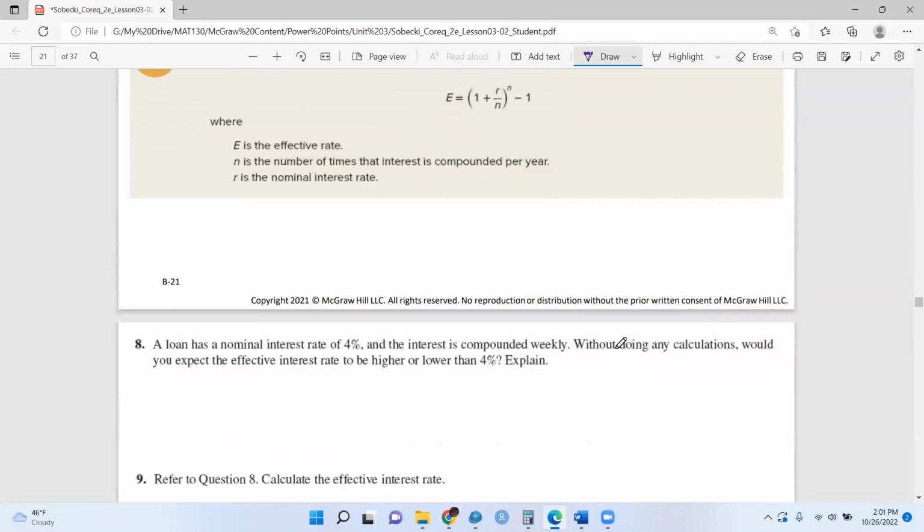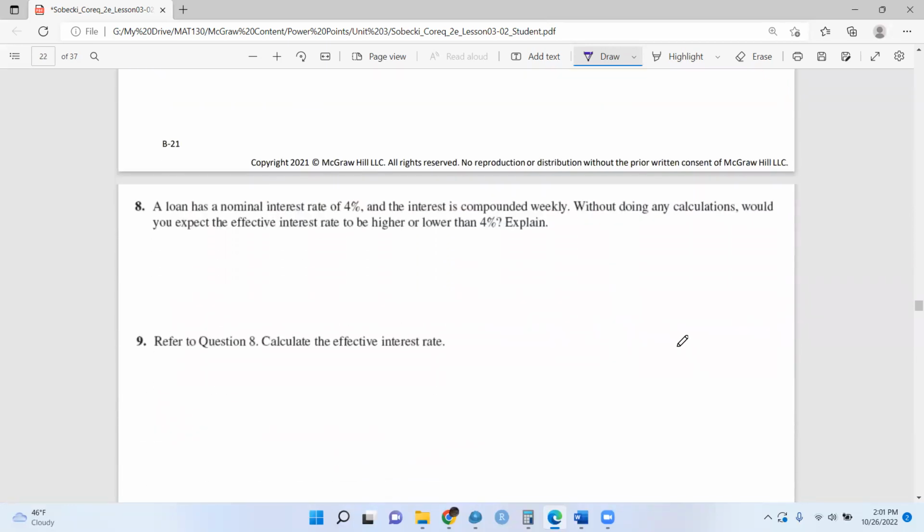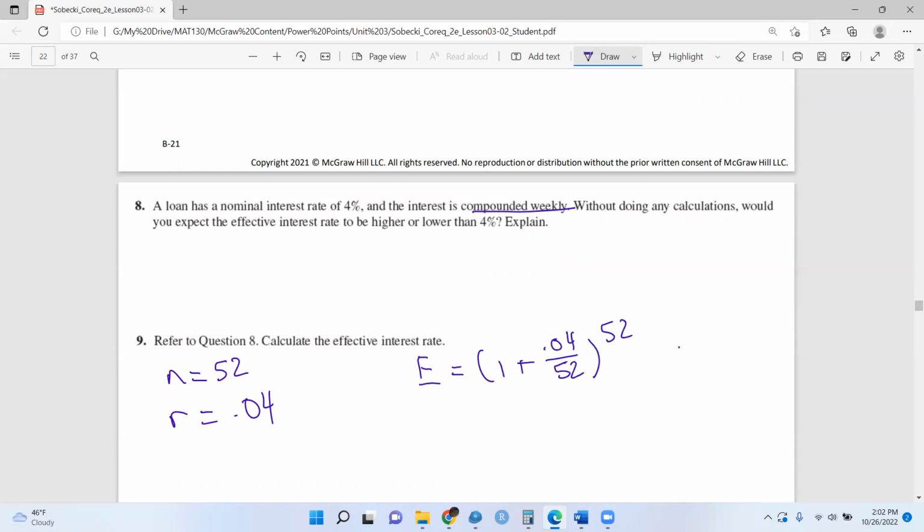So we're going to calculate the effective interest rate. Notice if it's weekly, there are 52 weeks in a year. Our nominal or compound interest rate is 0.04, and that's actually all we need to calculate the effective interest rate. So this is 1 plus 0.04 over 52, raised to the 52 power, minus 1.